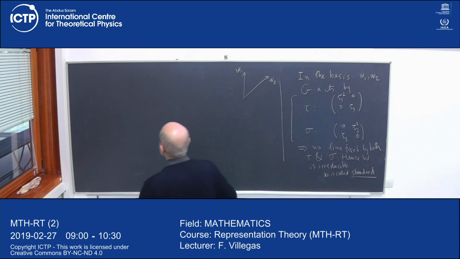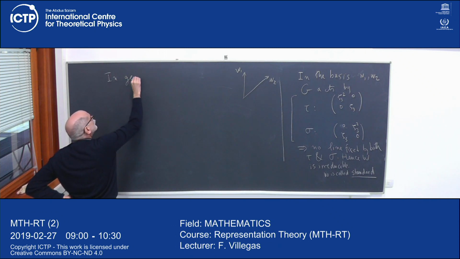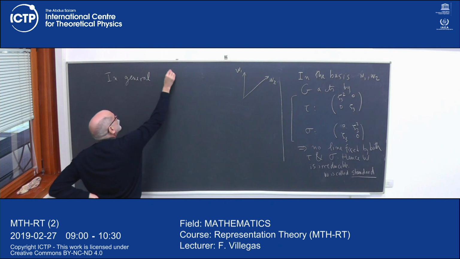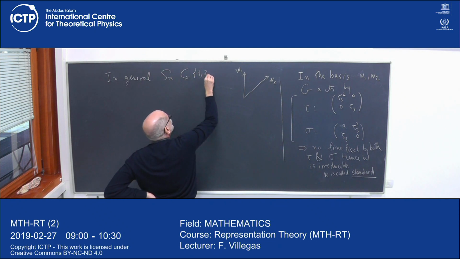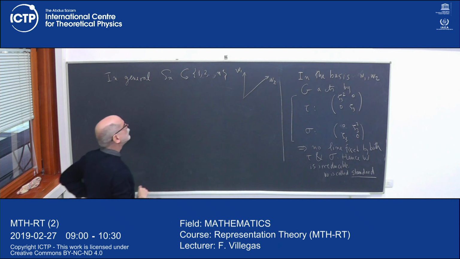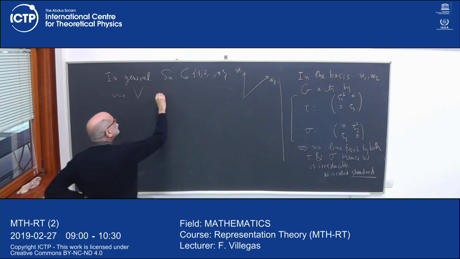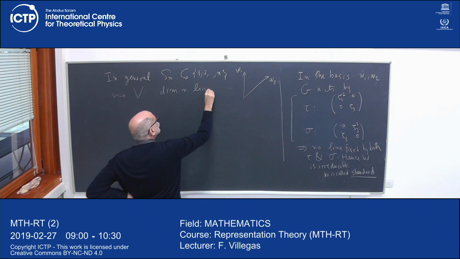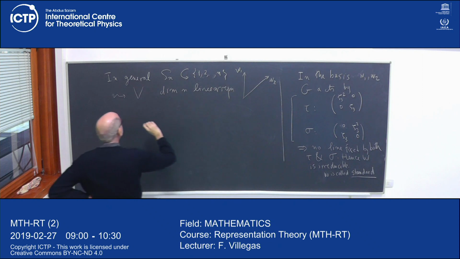Okay, so in general, Sn acts by its very definition on n things. We get a corresponding representation V of dimension n, which is a linear representation, just as we did.